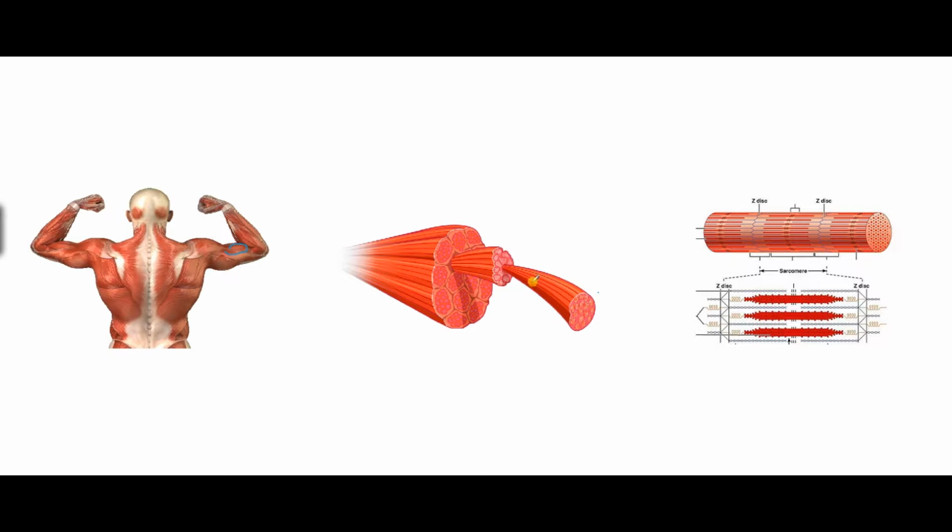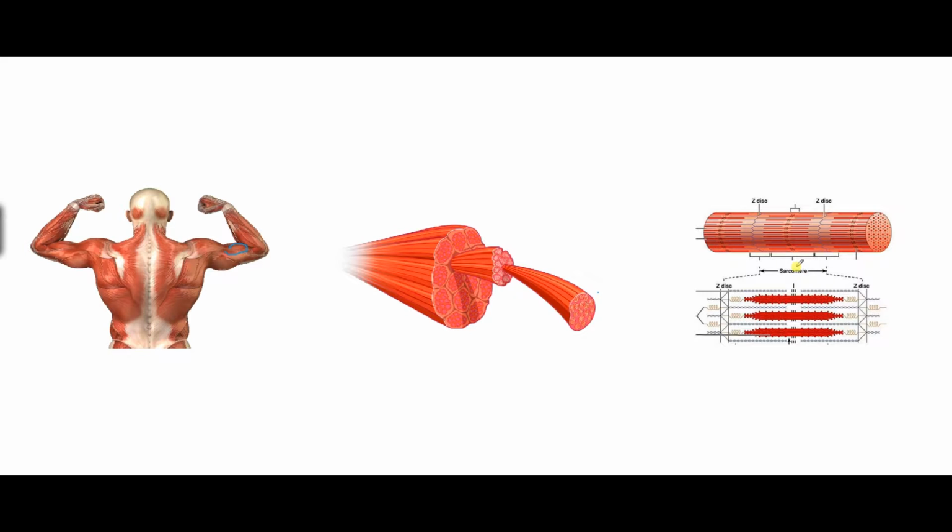We eventually get to a muscle cell, and within that muscle cell there are myofibrils, which are long proteins. Then we focus on what each segment of that myofibril does, and each segment of that myofibril is called a sarcomere.